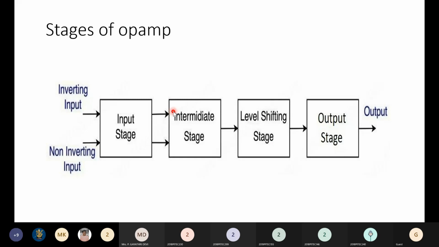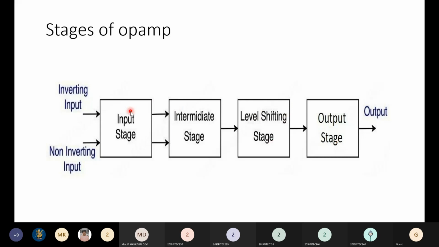The overall op-amp internal circuit can be divided into four stages. The first stage is called the input stage, and then the intermediate stage, then the third stage is the level shifting stage, and the last one is the output stage. So we'll see one by one. Right? So first one is input stage. In the input stage, we use dual input balanced output differential amplifiers.